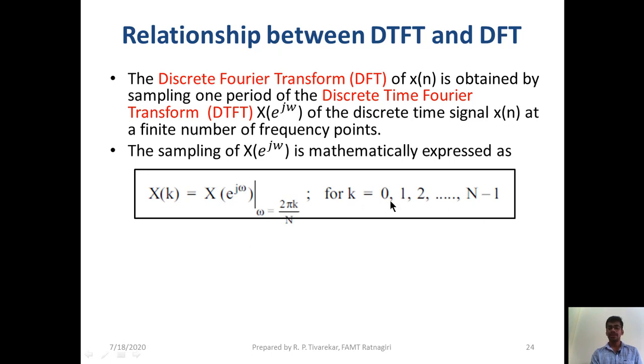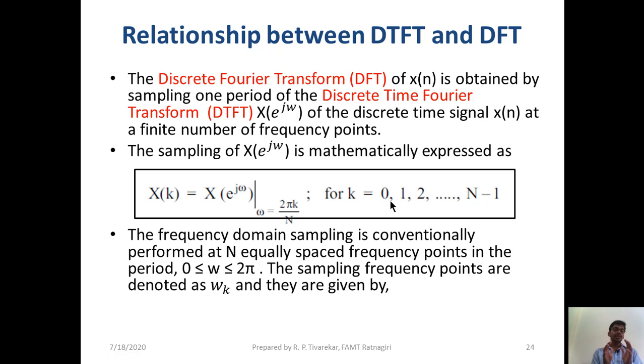What is this thing and this thing? If you remember, I said the digital spectrum or the DTFT spectrum is periodic with a period equal to 2 pi duration. If we have to sample that 2 pi duration into capital N equidistant points, then the spacing between two samples will be 2 pi divided by capital N. Okay, and each location will be identified using index k equal to 0, that is 2 pi by N times 0, 2 pi by N times 1, 2 pi by N times 2, 2 pi by N times 3, and so on.